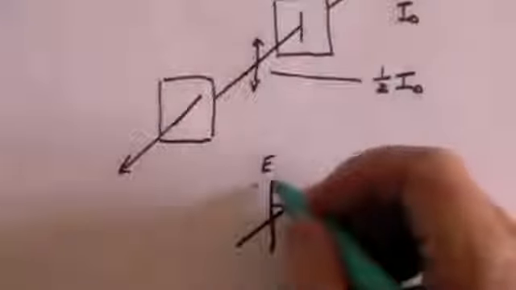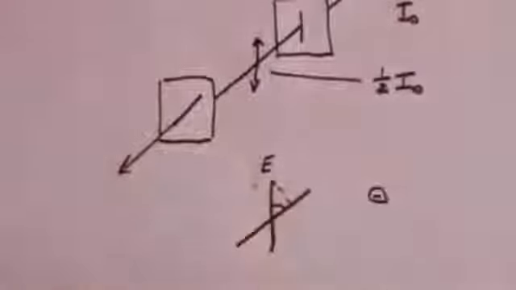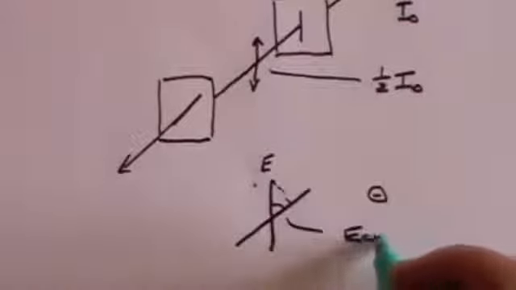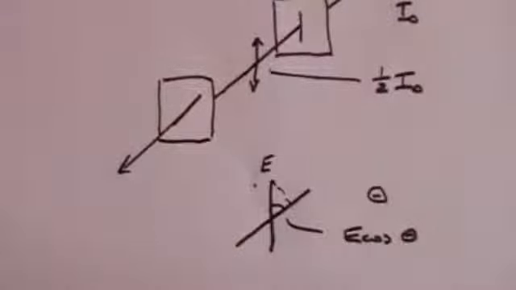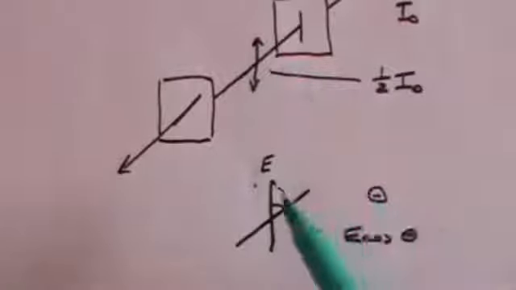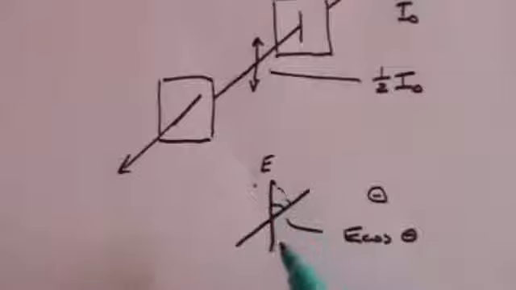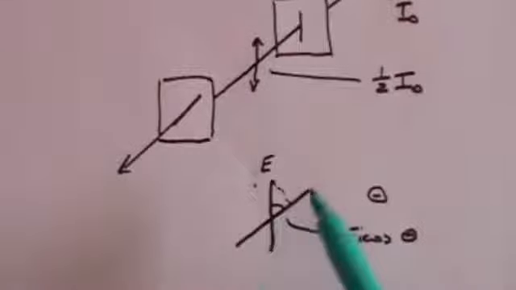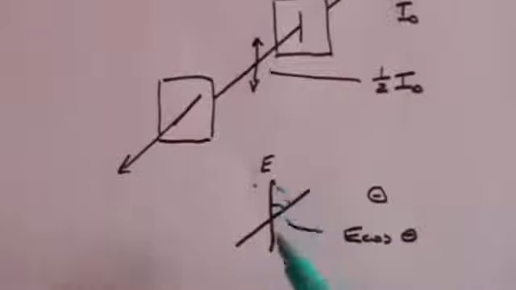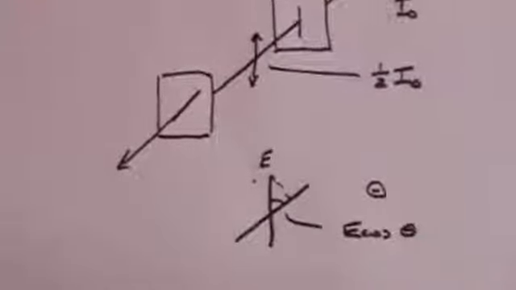The answer, of course, is E cosine theta again. But this time there are no averages, because that's the only angle that matters, because all the light now, having come through the vertical polarizer, is vertically polarized. So all of it is going through a polarizer that is at an angle theta, and the component of all of that polarized light will be E times cosine theta.